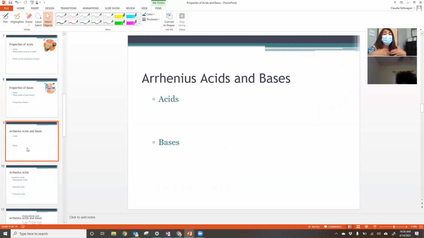His definition of an acid was that in water, acids will lose hydrogen.